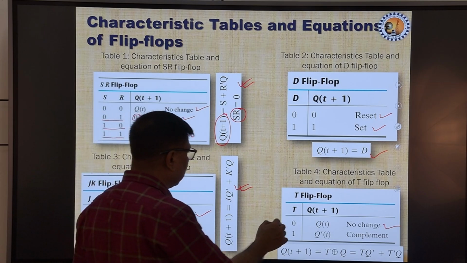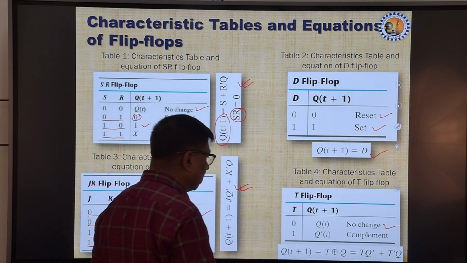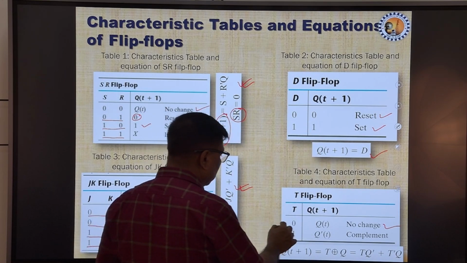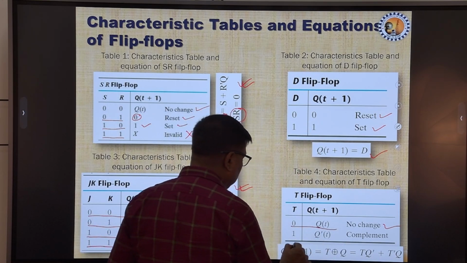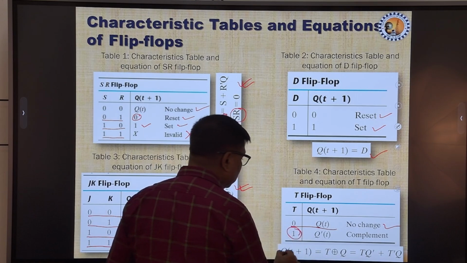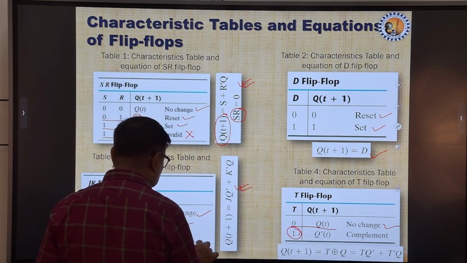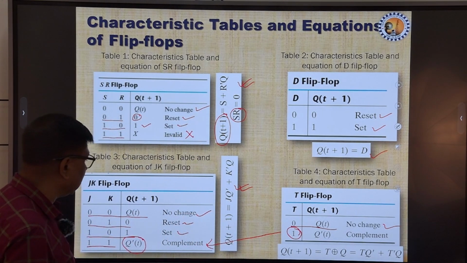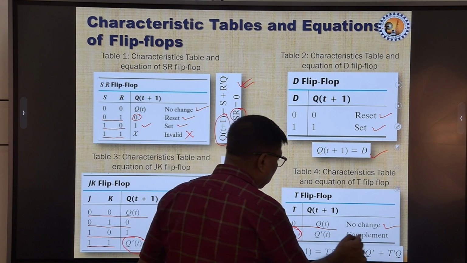Then comes our fourth flip flop, that is the T flip flop. It is also quite simple, like our D flip flop. The no change condition we have already discussed, and if T is 1, then it will just behave like the 1 1 input condition of the JK flip flop, that means the output will complement.